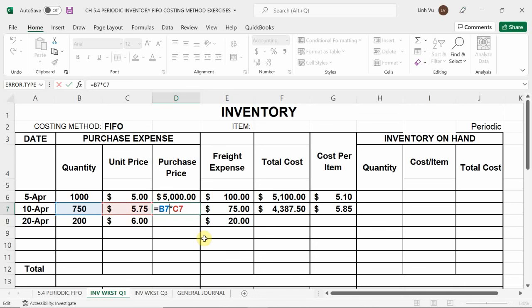Now, if I click on this cell, you're going to see this little tiny green square at the very bottom right corner of this cell. If you go ahead and do that, your cursor becomes a black plus sign. Okay? I can click, hold, and drag, and it's going to copy that exact formula into my next cell.